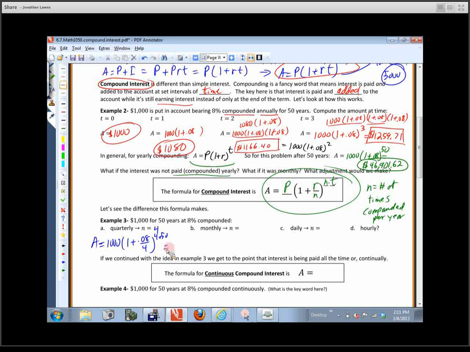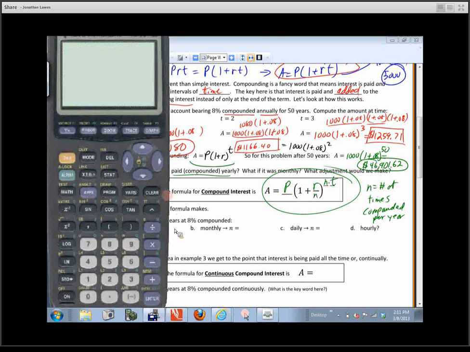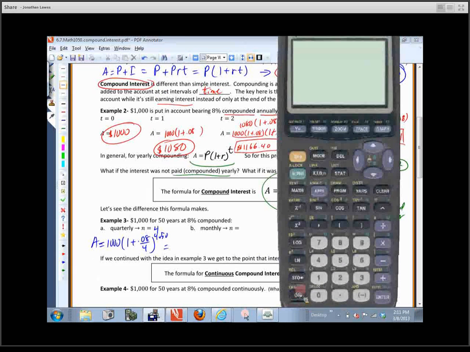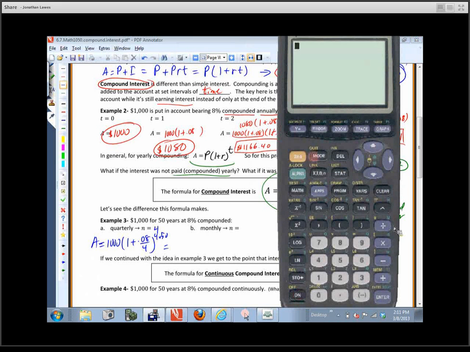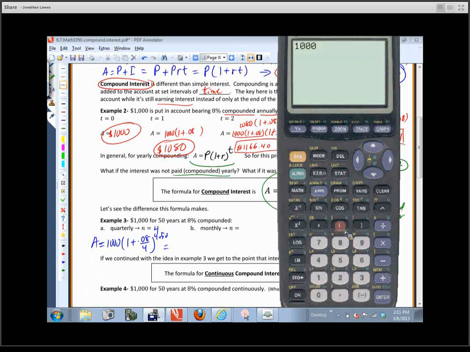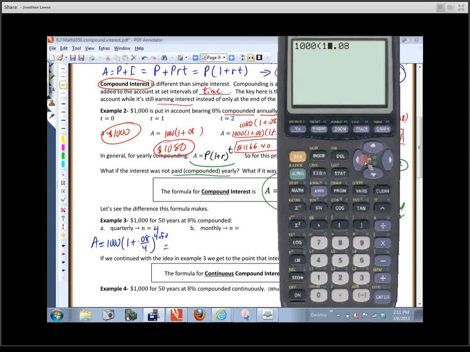So type that into your calculator. 1,000, 1 plus 0.08 divided by 4, I realize that's 0.02, but resist that temptation. To put this in correctly, I've got to put the exponent in parentheses, so this is going to be 4 times 50. And again, I realize that's 200, but resist the temptation to make that 200.